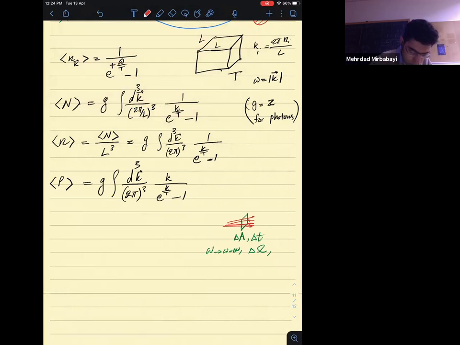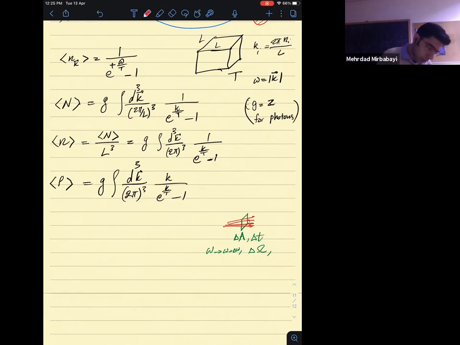In some short period of time, and in some solid angle. So then that can be determined by looking at this expression, right? Because we have the number density of photons. We know how they are distributed in various directions.